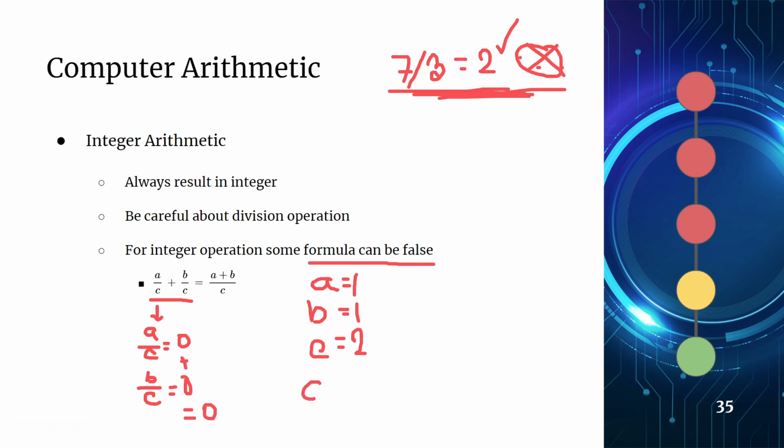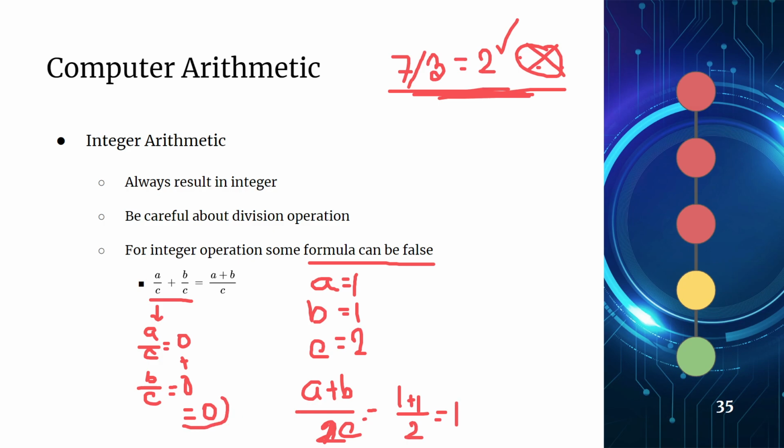But (a+b)/c, that is (1+1)/2, will ultimately result in 1.